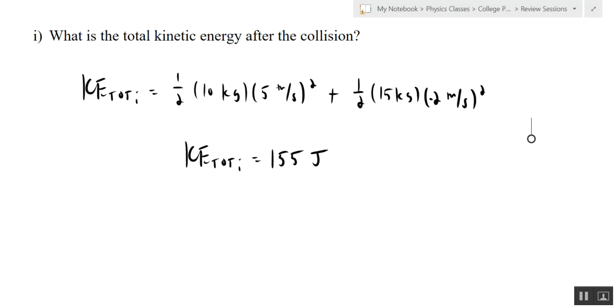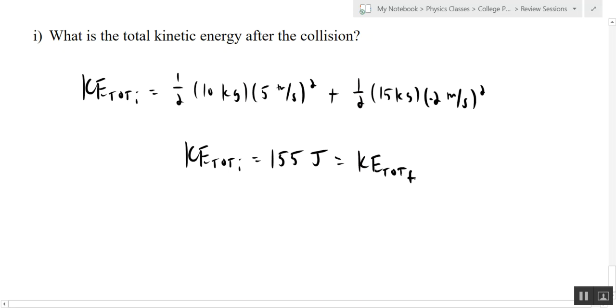So what happens in a perfectly elastic collision if you did everything correctly, to the kinetic energy, that is? So it should be the same. So this should be what you get for after. Now is it? I can just show you.